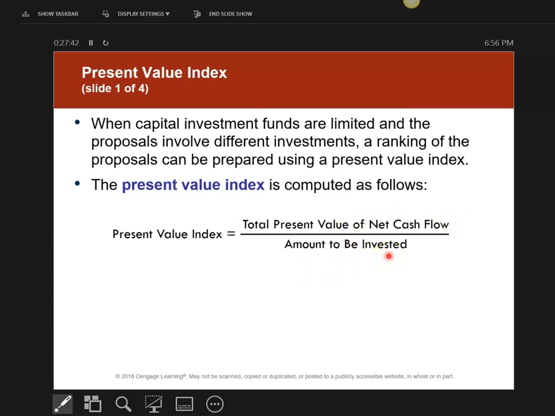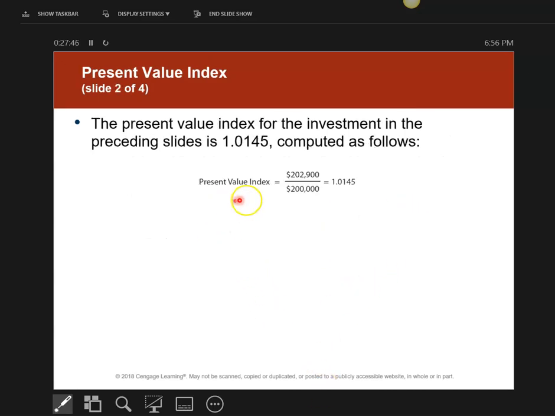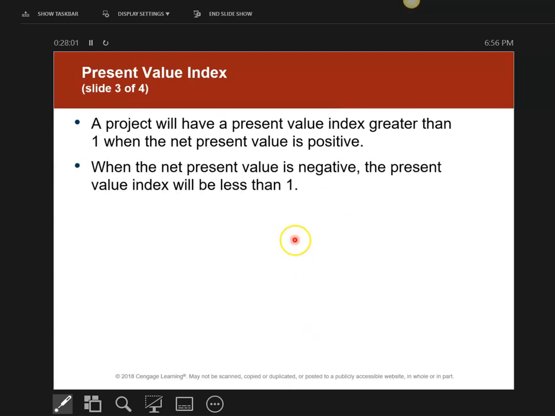So if we use this formula for the one we just looked at, my index number is 1.0145. So anything over 1 is positive and it's good. When your present value index is under 1, that's not good. It means that it's negative and that you are actually not going to be making money.